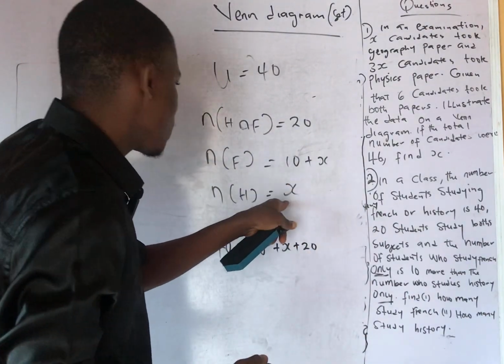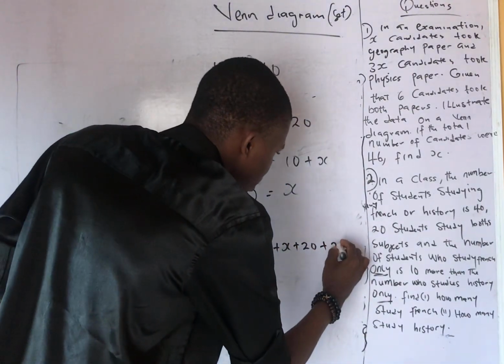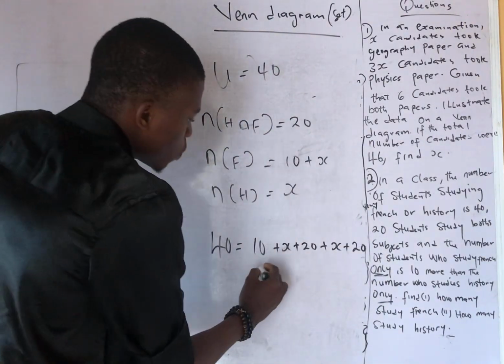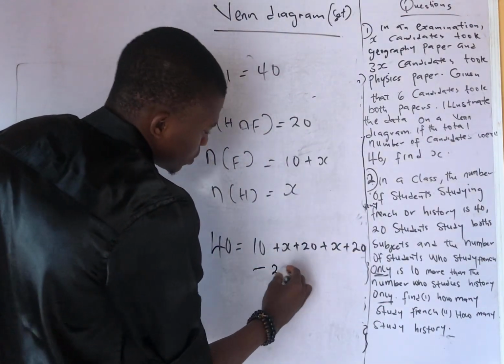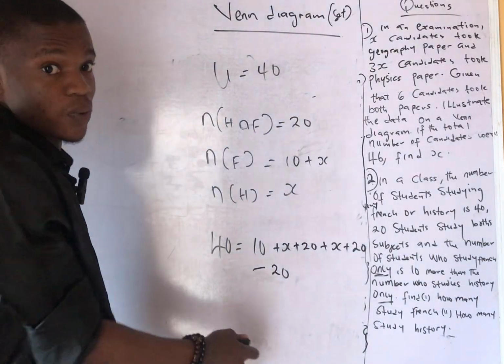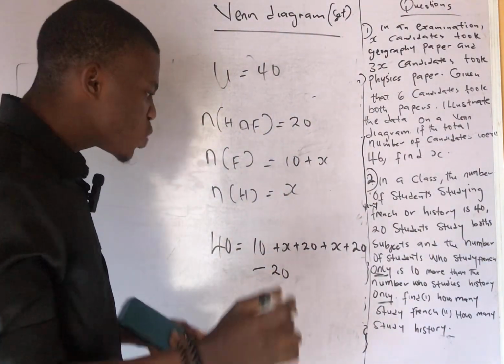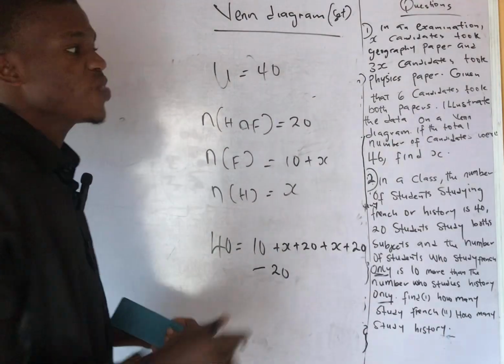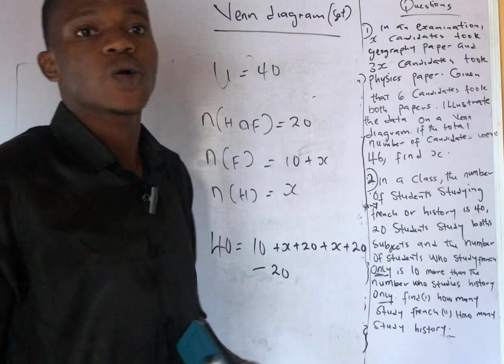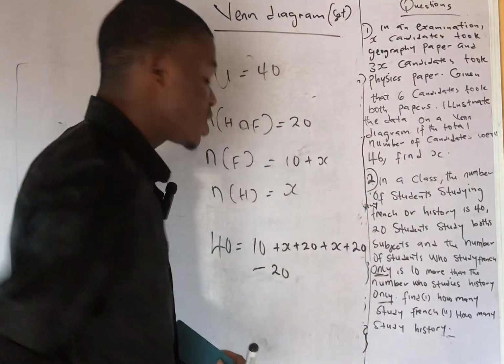For the other one, students that study only History will be 5 plus x, plus 20, then minus 20. You see the other one, we added the common one, but for this one we are not subtracting. Just take note of these two key things. That's why I picked this example to explain everything for you. You can solve any other Venn diagram question with your knowledge of this.